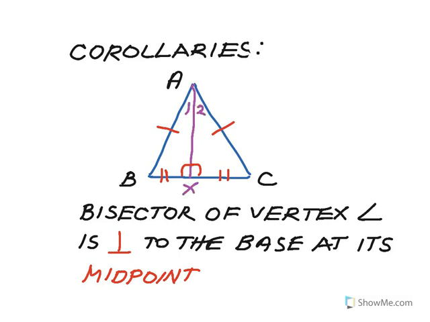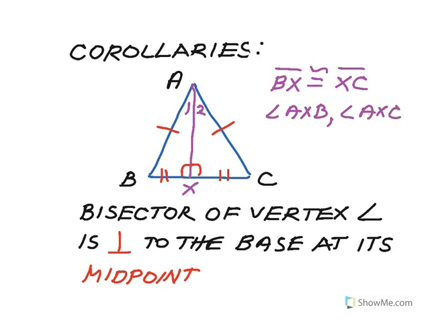So if I label that bisector segment AX, I can see a couple things here. Segment BX will be congruent to segment XC because X is the midpoint. I can see that I've got 90-degree angles, so angle AXB and angle AXC are both equal to 90 degrees.